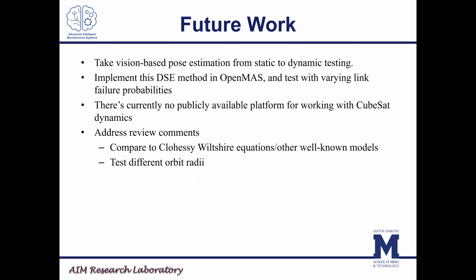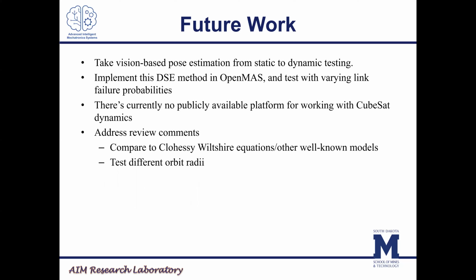Then we're also going to address some of the review comments that we've already had. One of them was to compare this linearized model to the Clohessy-Wiltshire equations. We've already compared this to the nonlinear true dynamics, but we can compare it to this as well, to see how it compares to the state of the art and what the differences are. I think it's a great idea.